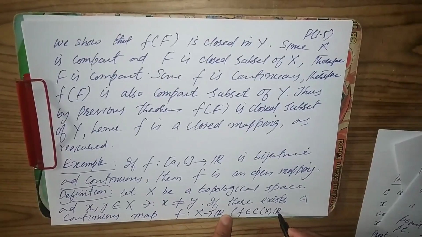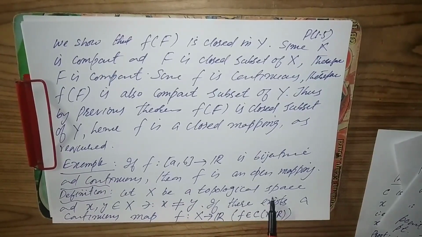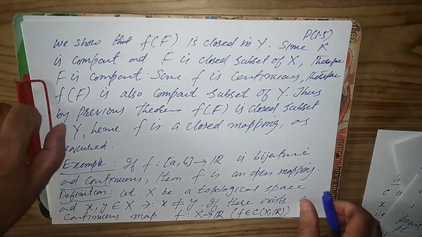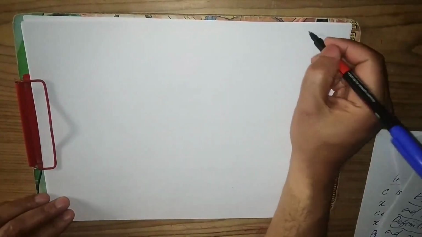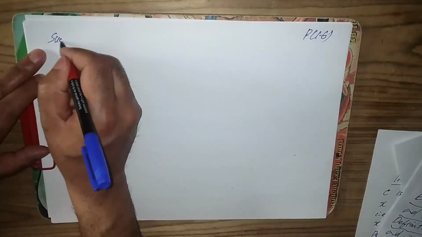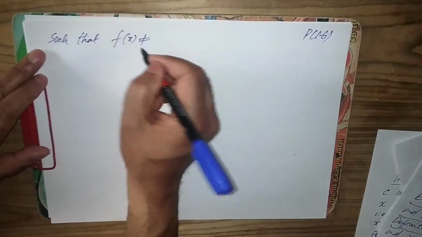C(X,R) denotes the set of continuous mappings between X and R. So if X is a topological space and x and y are two distinct points of X, and if there exists a continuous map from X to R, or a map f belonging to C(X,R), such that f of x is not equal to f of y.